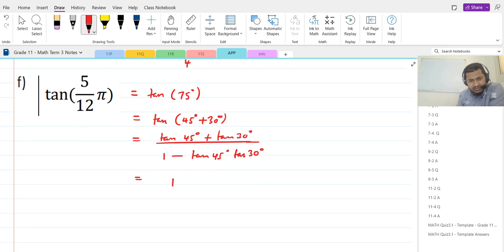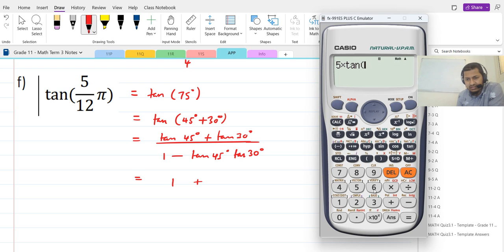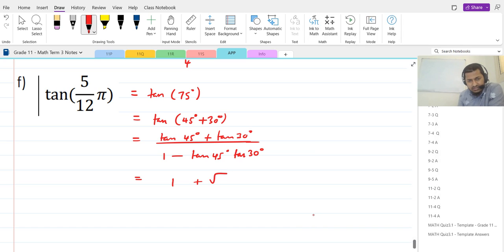Tan 45 is 1. What's tan 30? Tan 30 is basically root 3 over 3. Right? Divided by 1 minus 1 times root 3 over 3.